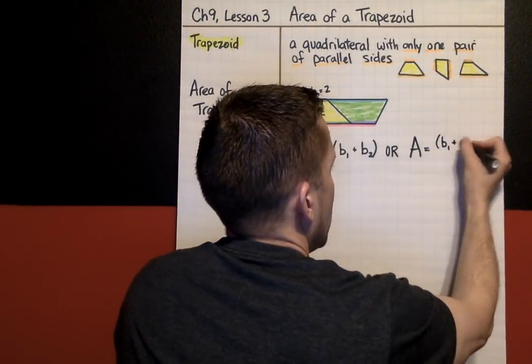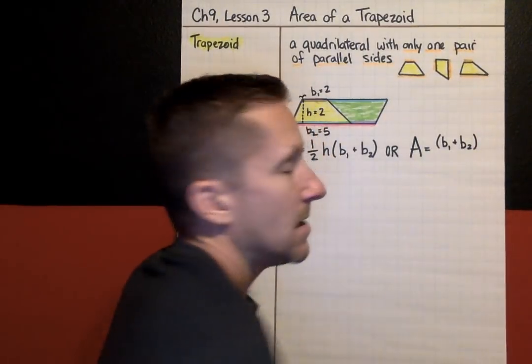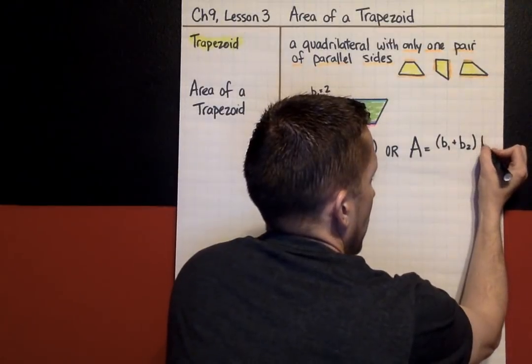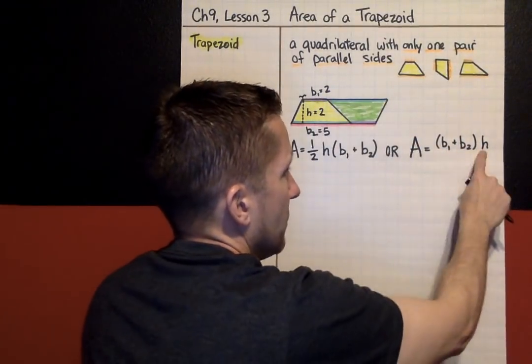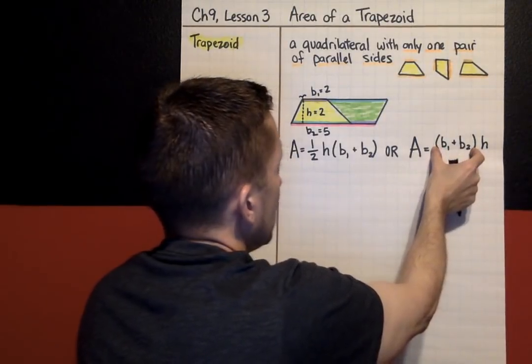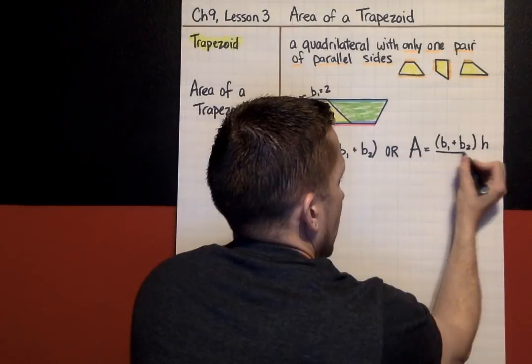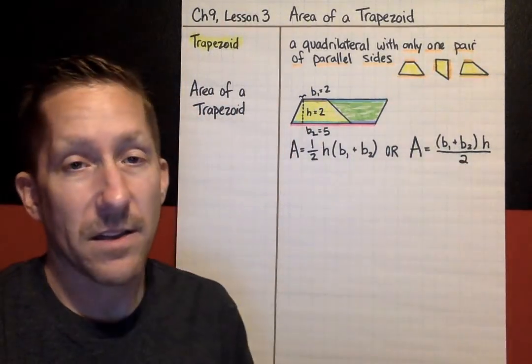So base 1 plus base 2 put together times the height. So this right here is the area of the entire parallelogram. There's the base, pink line, times the height. And I'm going to divide all of this by 2 because I only want the yellow.